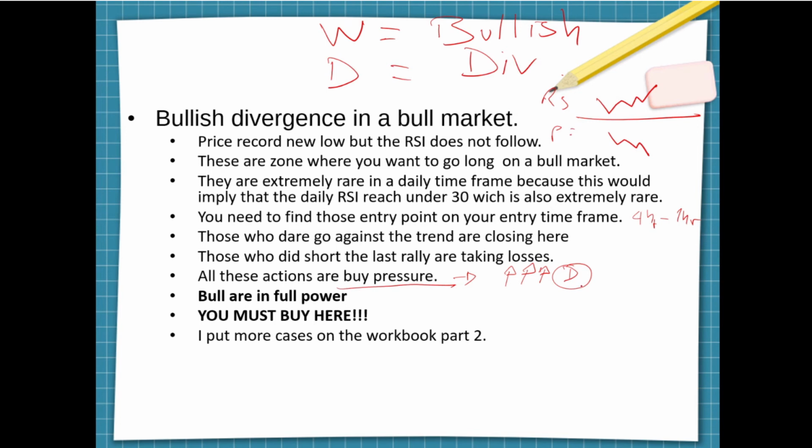See what I mean? Now bulls are in full control. When you see this, a bullish divergence in a bull market, you must buy, using the 4-hour and 1-hour time frame to take action. Okay, there's a lot of situations.